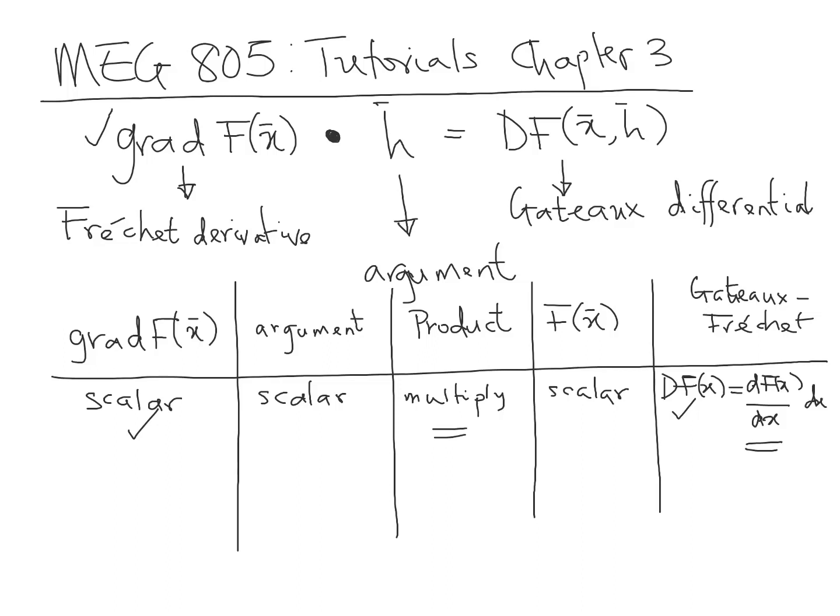All you will have is a scalar product. So if I'm given the Gateau differential and I know what the argument is, and what domain we are operating in, then I can determine the product and find the Frechet derivative based on this relationship above.